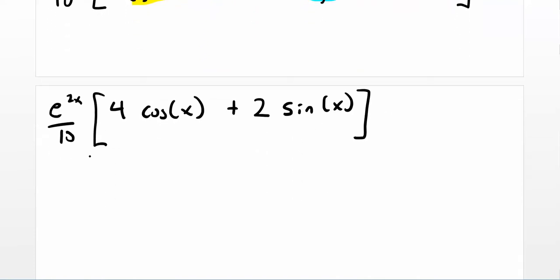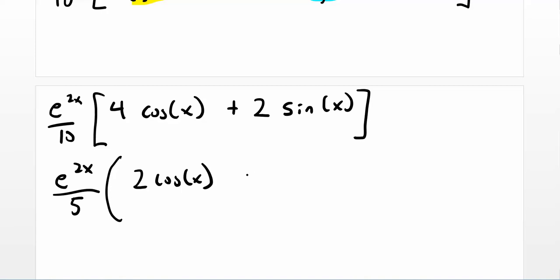Okay. You could simplify this just a bit. e to the 2x over 5. And this becomes 2 cosine x plus sine x plus c.